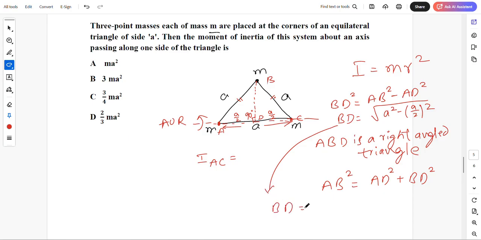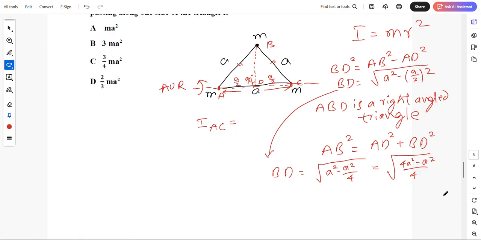BD will be equal to, because I have to find the perpendicular distance from this axis to point B, the square root of A square minus A square by 4. That is equal to the square root of 4A square minus A square over 4, that is the square root of 3A square by 4. That is equal to root 3 A by 2, right, root 3 A by 2.